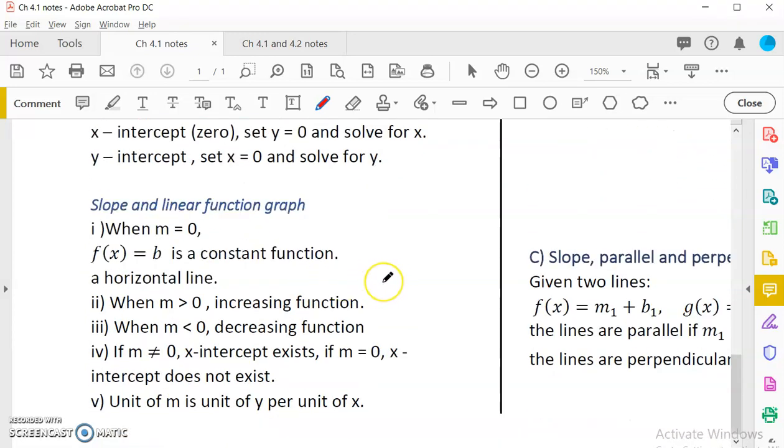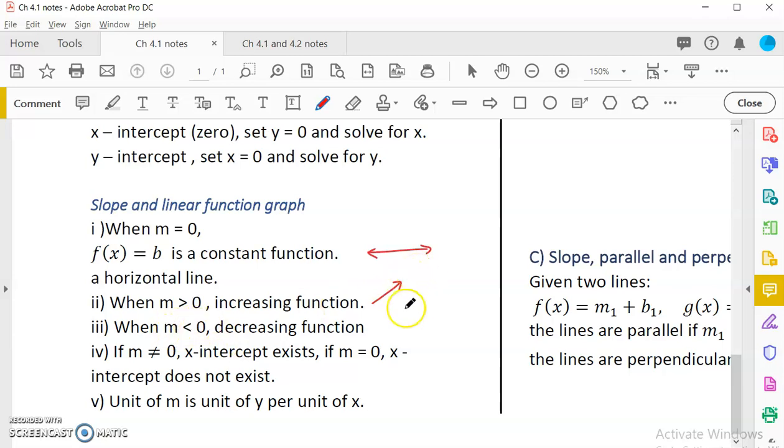Now, what can we know about this function if we look at the slope? The slope actually tells us a lot about the function. When the slope is 0, the function becomes f of x equal to b. It's a constant function, just a horizontal line. When m is positive, it's an increasing function; you would expect your line to go up like this.